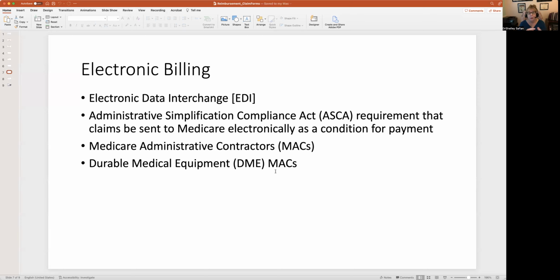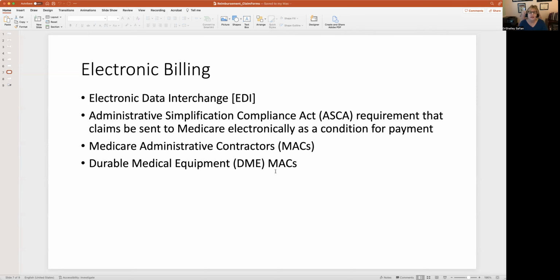It's got to be HIPAA compliant, but the electronic data interchange that's used for the submission of claims is also going to be used for the return of the remittance advice, and of course the money is going to go electronically into the facility's bank account. So it's got to be encrypted to make sure that it's protected.